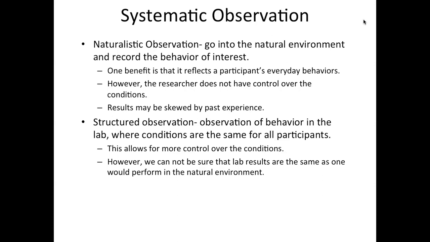So if I am observing behavior from afar for 6 months or a year, the nice thing about naturalistic observation is that you're going to get behavior that reflects everyday life, right? Because you're not trying to alter it in any way. Now, one of the issues that you will face is that you have very little control over what happens in the environment.